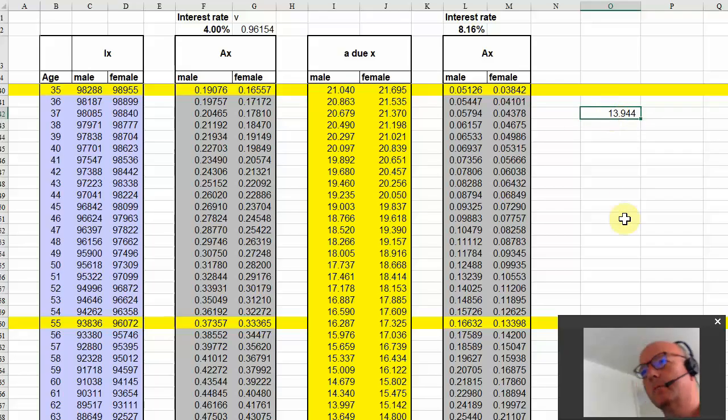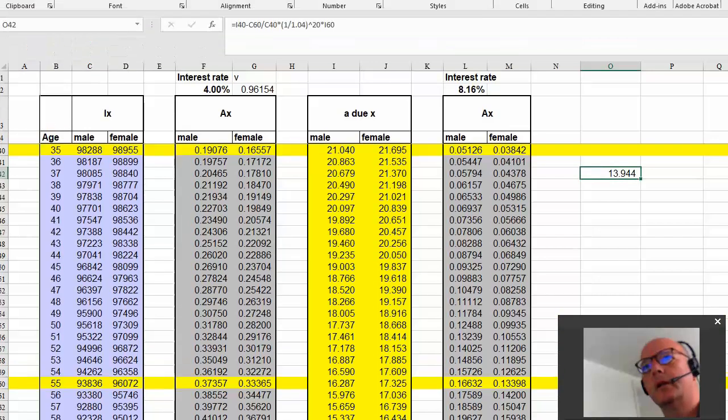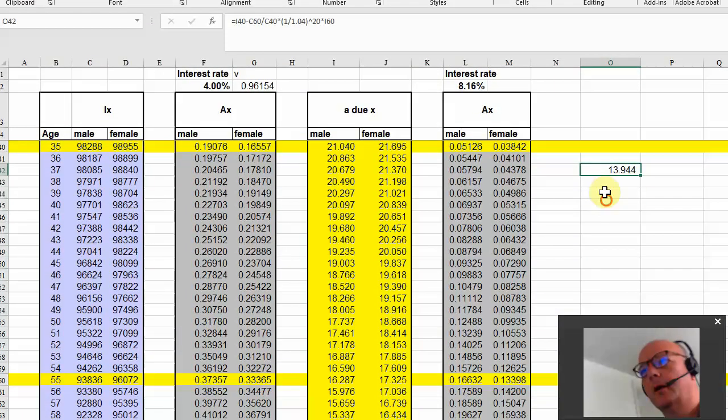Okay, so it's at 4% and there's some mortality, so obviously it's going to be less than 20. That's annually, so let's adjust that for monthly.